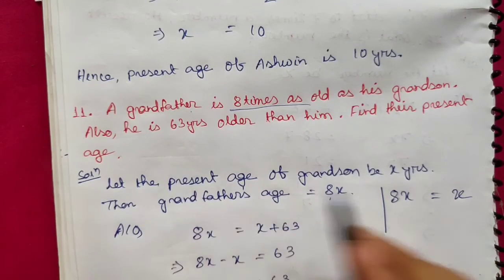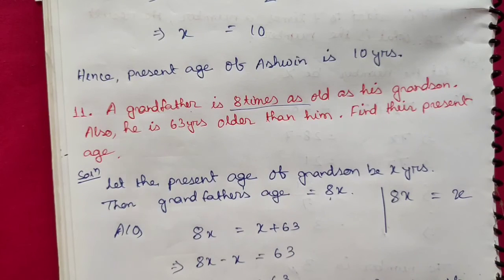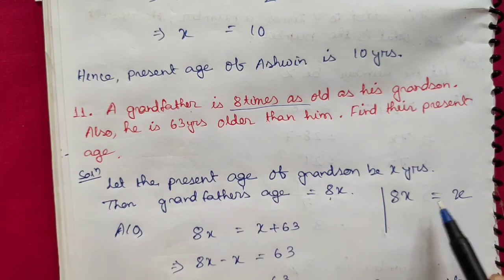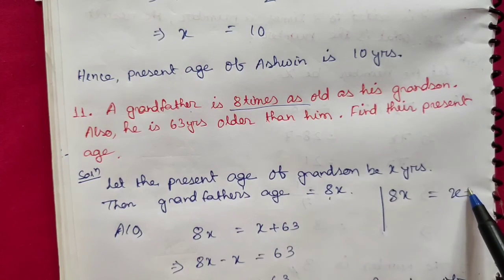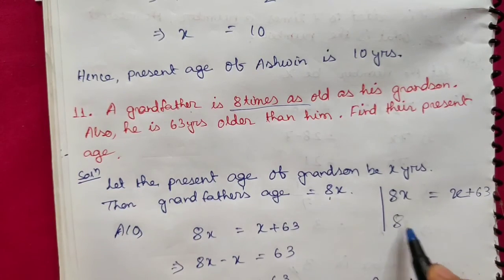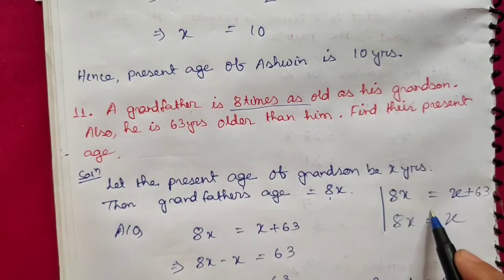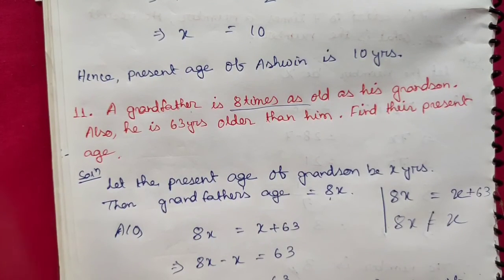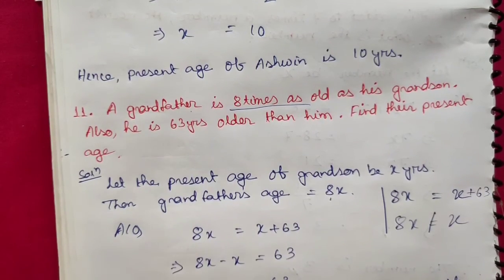No, because at present the grandfather is 63 years older, right? So if we give 63 there, this equation will be equal. Otherwise 8x equal to x will not be equal. Clear?